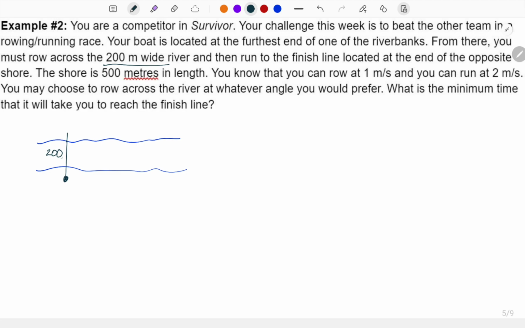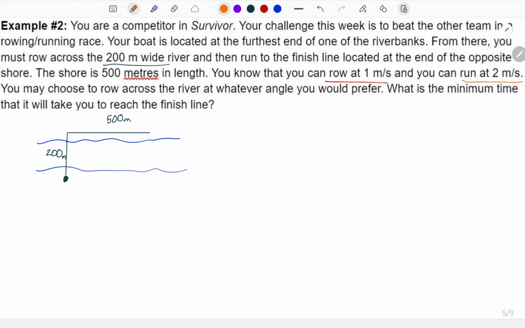All right. And then the shore is 500 meters in length. So something like this. And what do we know? We know that we can row at 1 meter per second, and we can run at 2 meters per second.